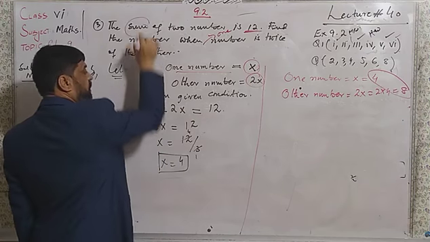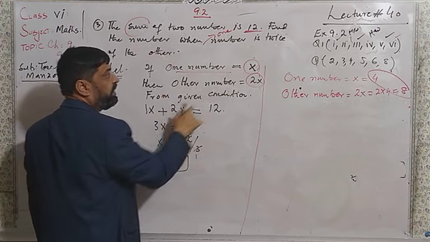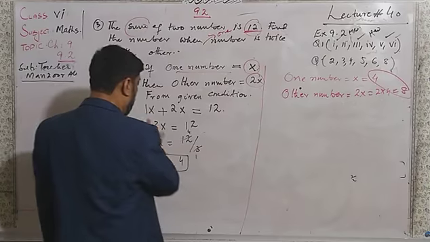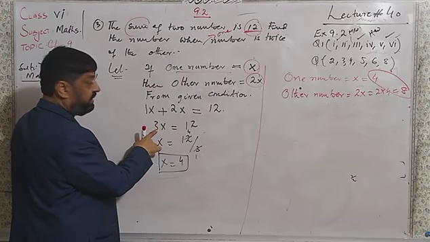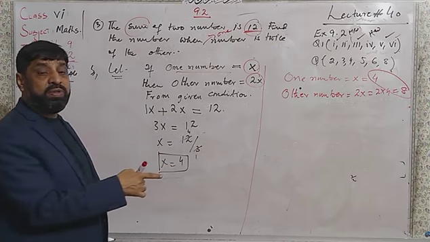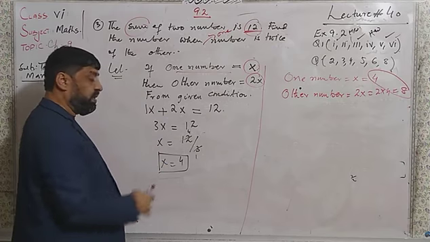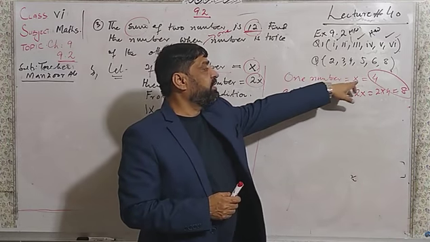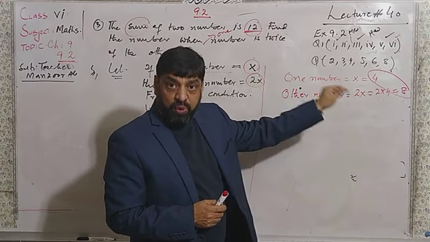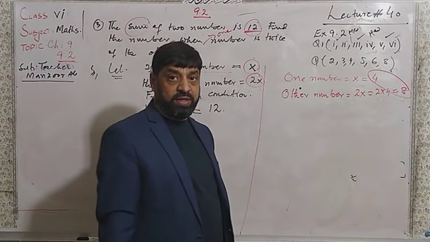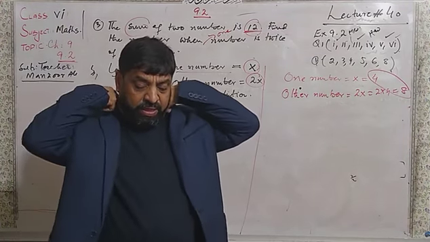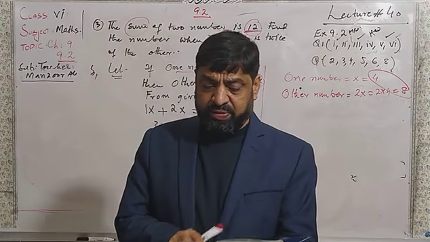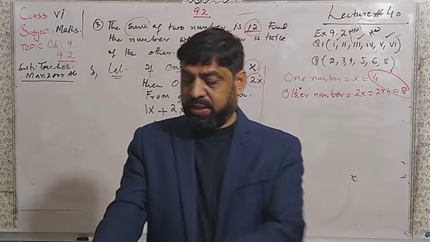Condition: sum of x plus 2x equal to 12. Now 1x plus 2x is equal to 3x. 3 shifted to the other side, 12 divided by 3. So x will be equal to 4. Then one number is x, that means 4. The other number, 2x, is equal to 2 multiplied by the value of x, 4, and it will become 8. And the sum of 4 and 8 will be exactly equal to 12.